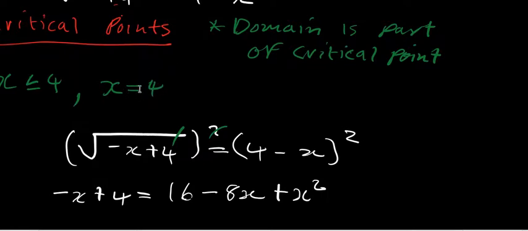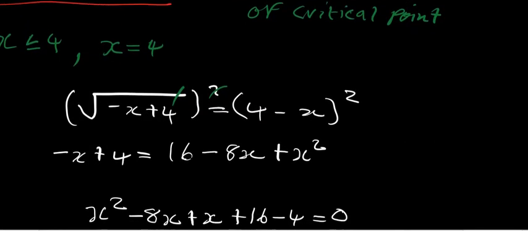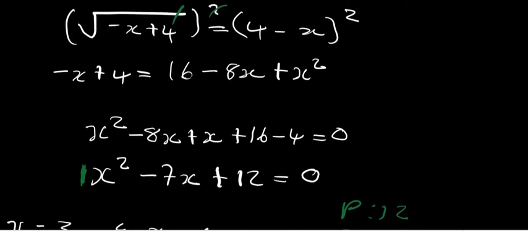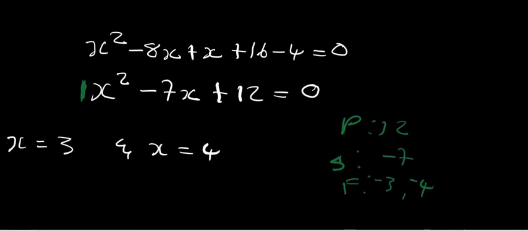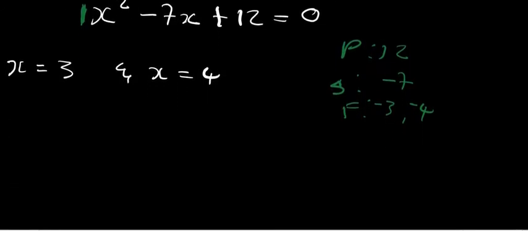So since we already have x is equal to 4, we don't really need to worry about it. We don't need to get both of them, we just really need to pick one of them.